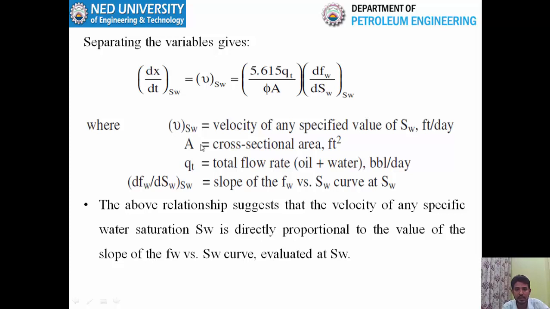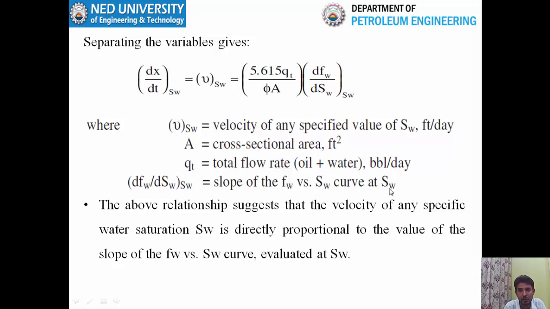A is the cross sectional area, Q is the total flow rate, oil plus water, and we have seen that total flow rate is equal to the injection rate of water, because during the steady state Iw will be equal to Qt. So Qt will be replaced with Iw.